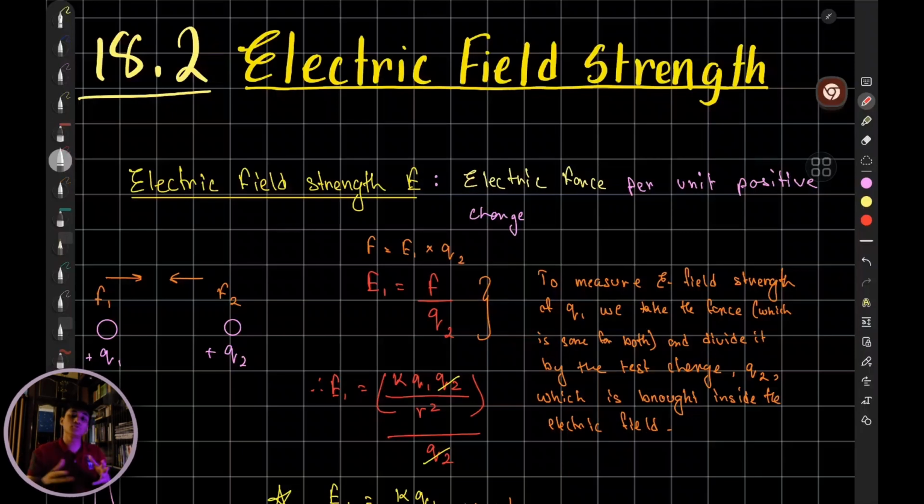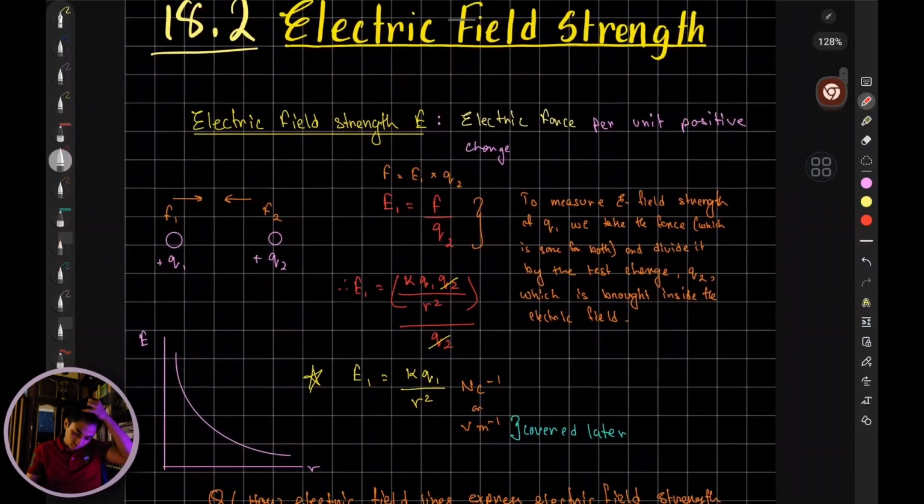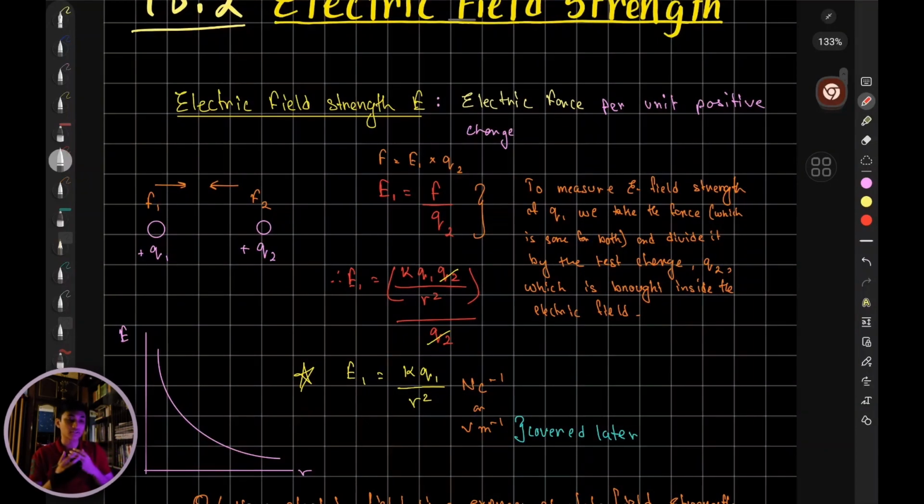So if 100 newtons is felt by 10 coulombs, then 10 newtons of force will be felt by 1 coulomb of positive charge. That is basically your electric field strength. So by definition, you can formulate the formula: E, electric field strength, is force per unit charge.